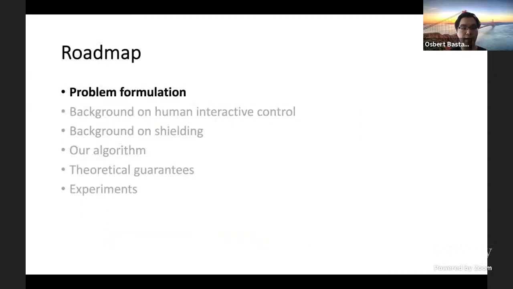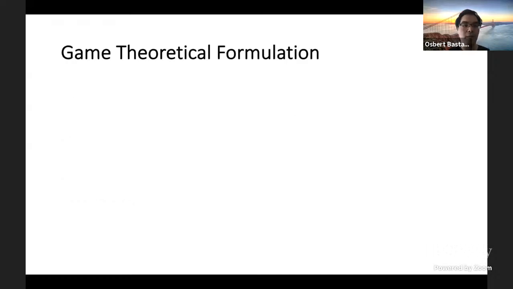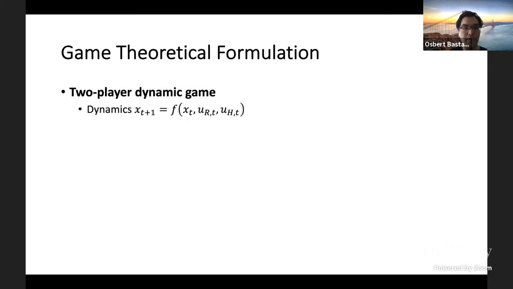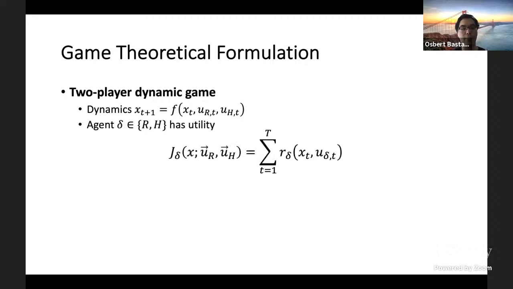Just to dive right in, I'm going to start off describing how we formulate the problem. As I said, we're going to formulate this problem as a two-player dynamic game. What this means is we have a dynamics model, f, which is a function of the current state, the robot control input u_R^t, as well as the human control input u_H^t.